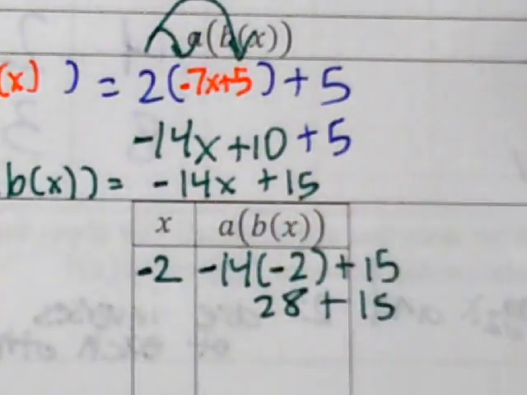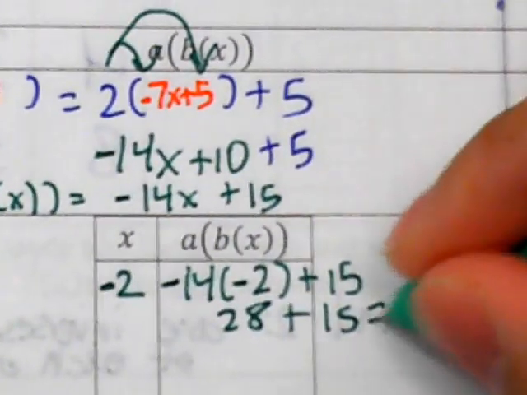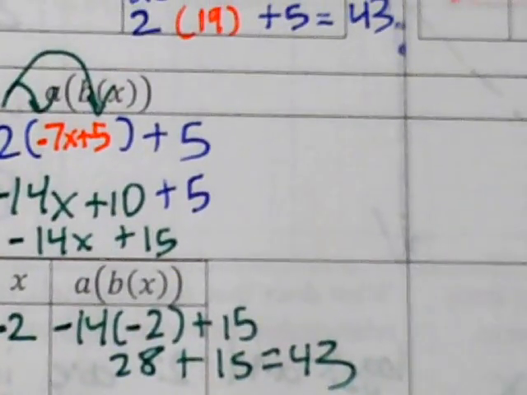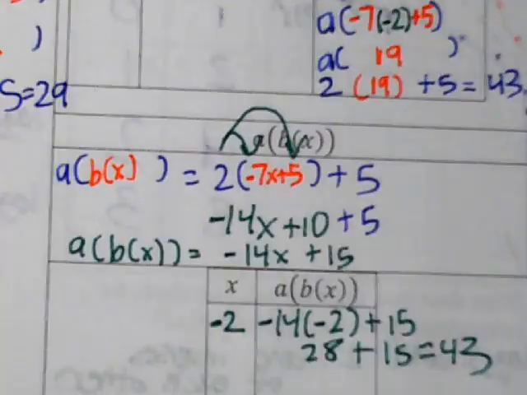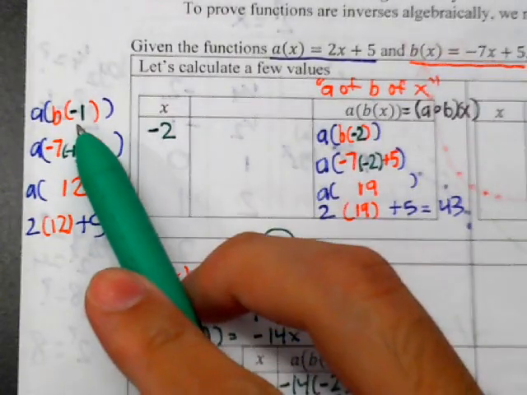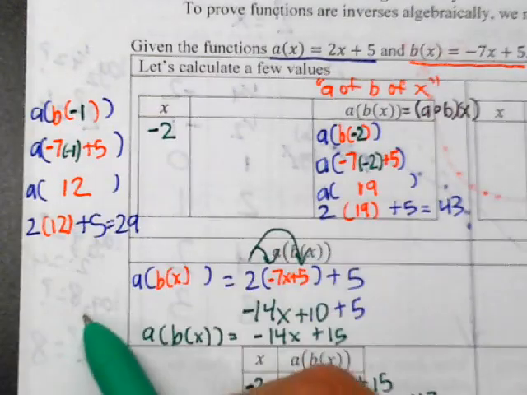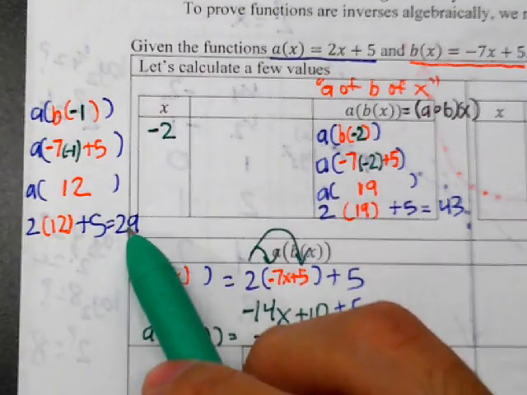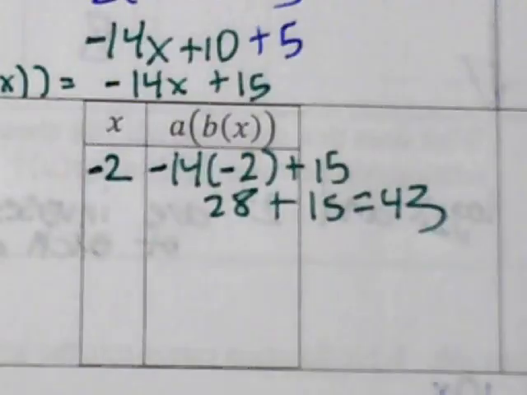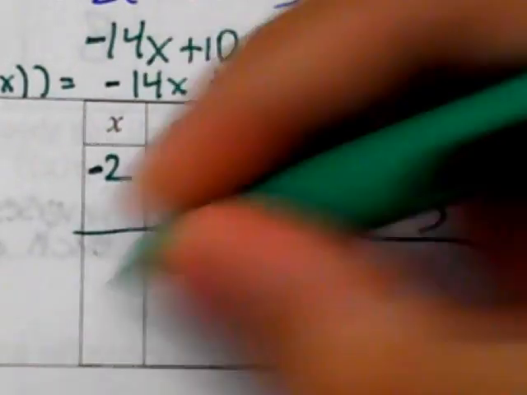Okay, and let's verify one more time. We also separately calculated over here that a of b of negative 1 simplifies to 29. Let's see if the same thing happens with the composition. Using the composed function, negative 14x becomes negative 14 times negative 1, and then you have a plus 15 at the end.